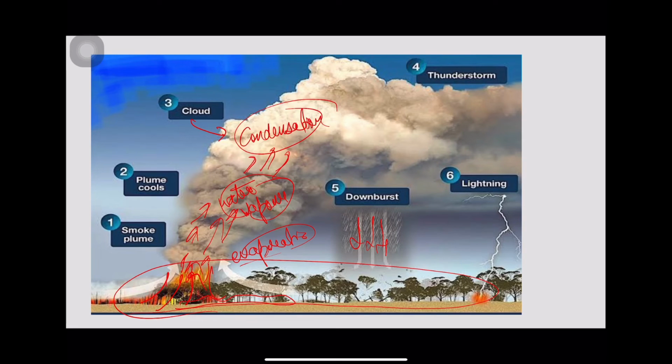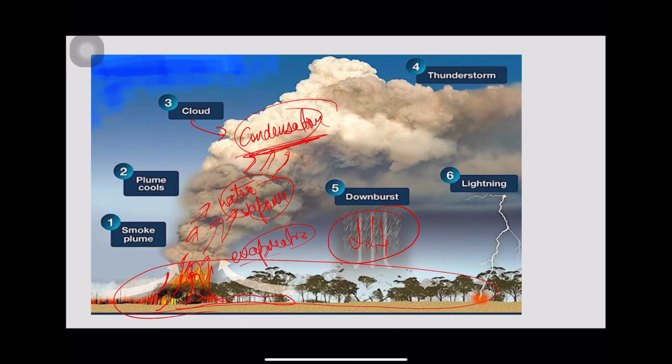Now the question arises. Earlier I said that these pyrocumulonimbus clouds, which were created in the Australian bushfire, intensified the fire. Now I am saying that they were a cause of rainfall also. So how is this possible? At one time they are generating precipitation, and at the same time they are responsible for more bushfire. So let me tell you.